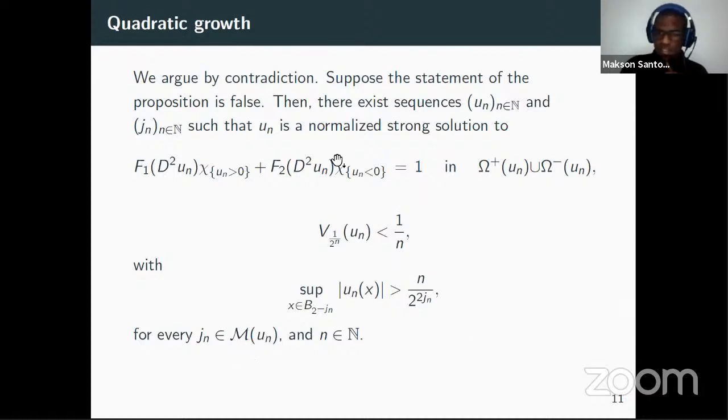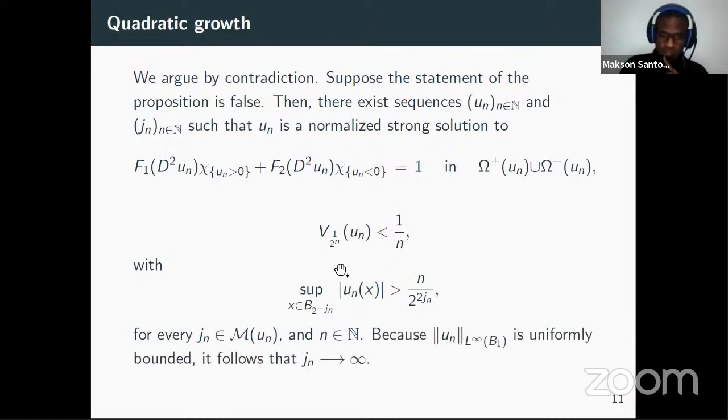Here I'm taking x star equal to 0, let's say, without loss of generality. Okay, but now this is bounded, right? It implies that jn has to go to infinity as n goes to infinity, because of this inequality.